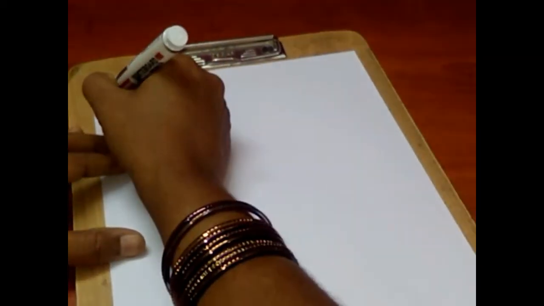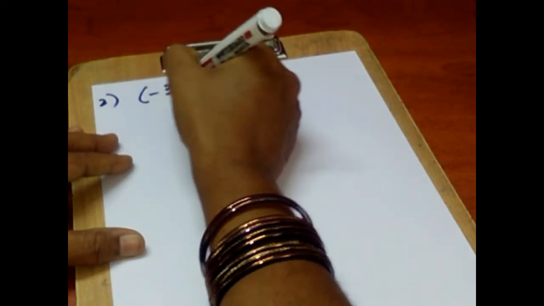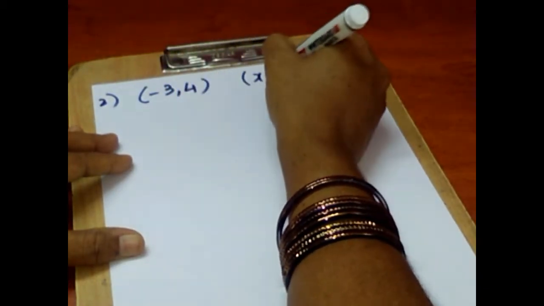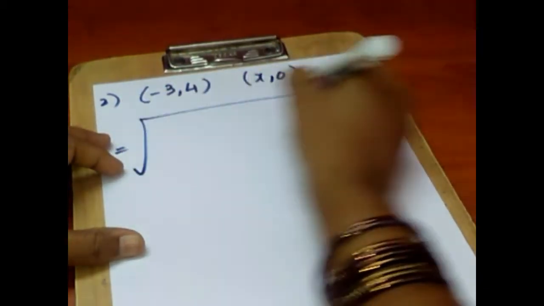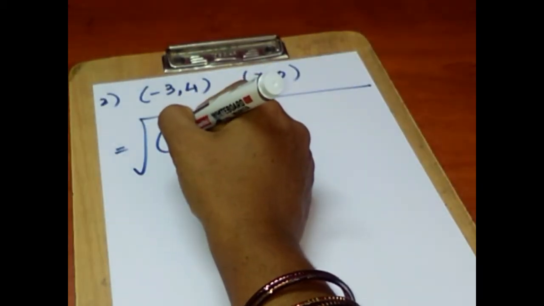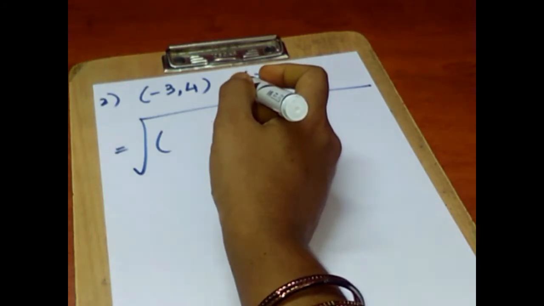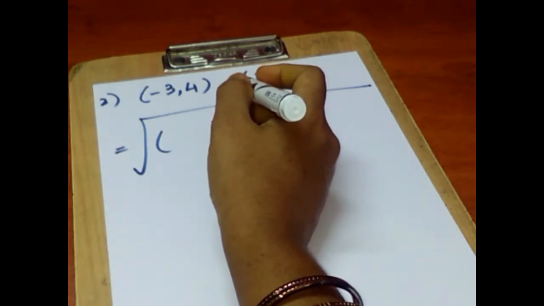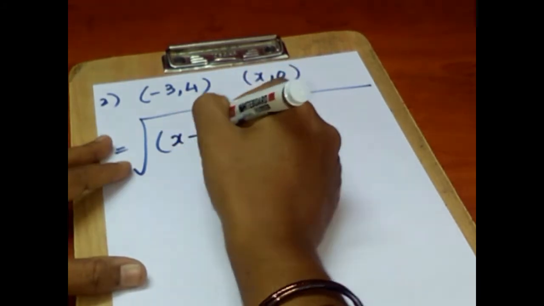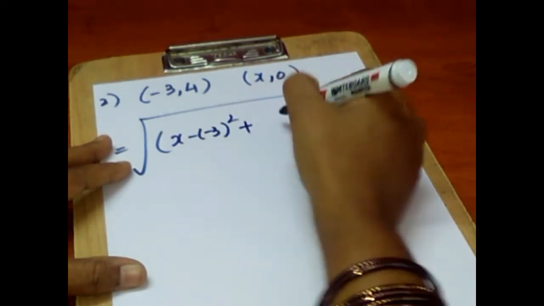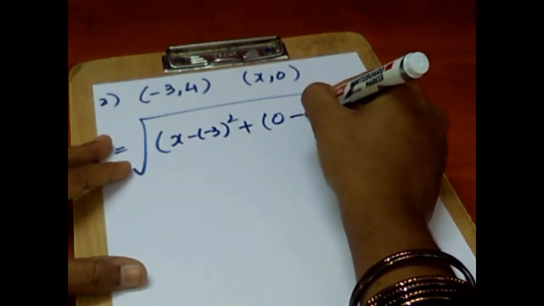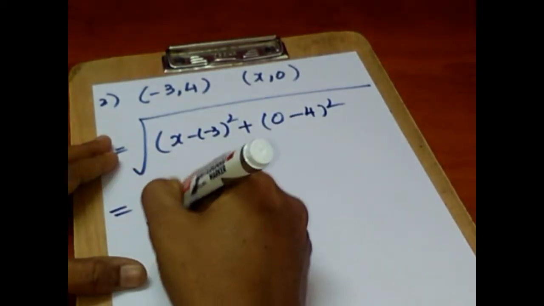Now the second point is from the point minus 3, 4 to x, 0. So what is x2? x2 is given as x minus of minus 3 whole square. y2 is 0, 0 minus 4 whole square.